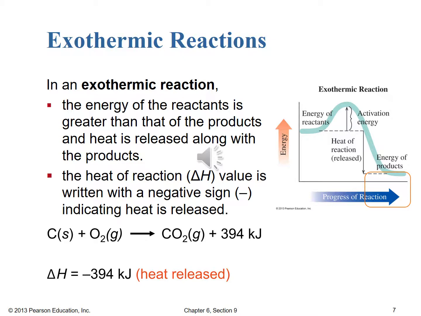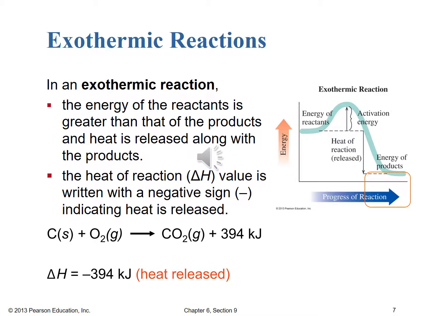So when we take the energy of those products, which is a lower number, and we subtract the energy of those reactants, which in an exothermic reaction is a higher number, we end up with a negative sign. And in this case, for this specific reaction of solid carbon, charcoal, with oxygen gas, making CO2, well, that releases a lot of energy, 394 kilojoules per mole of carbon reacted. So that's delta H of negative 394 kilojoules. That negative indicates the heat is released.